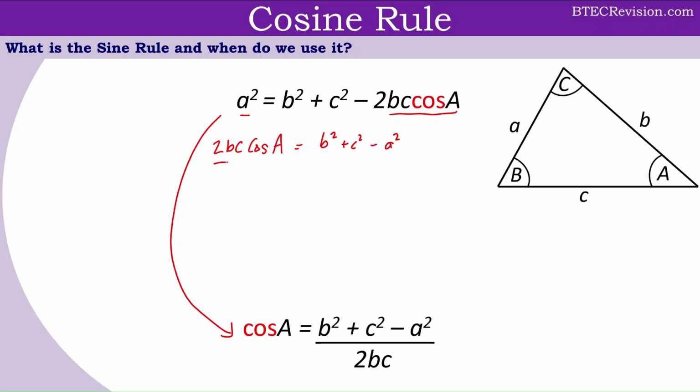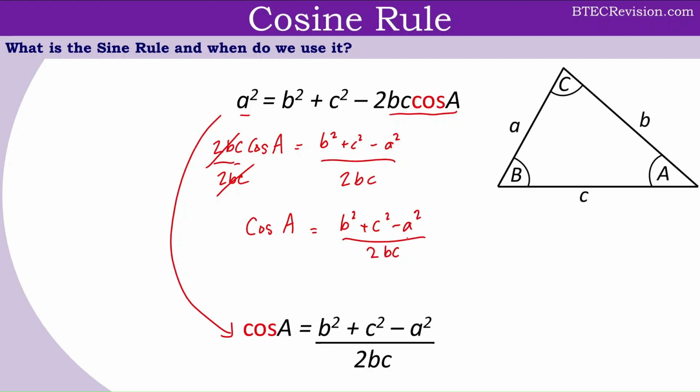Then we can divide both sides by 2bc, and 2bc on the left side will cancel out, and we are left with cos A is equal to b squared plus c squared, take away a squared, all over 2bc.